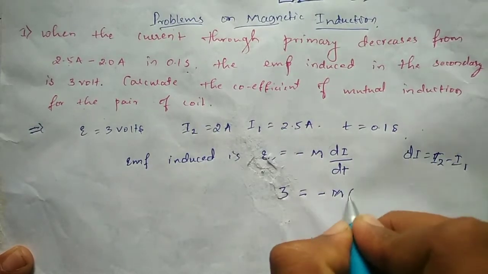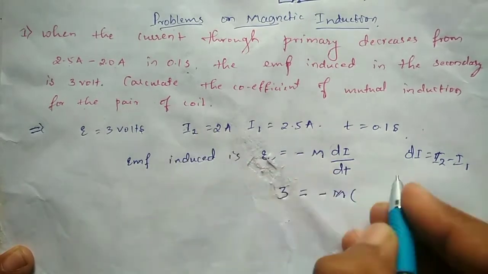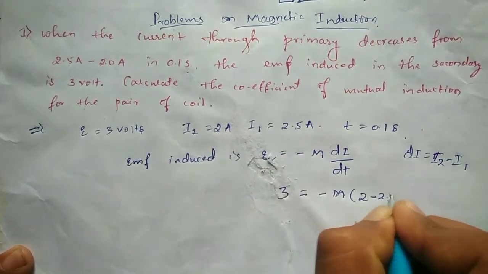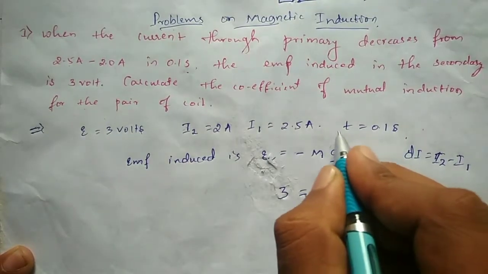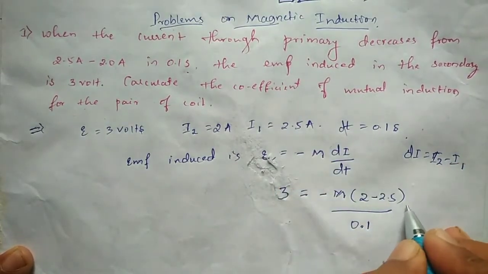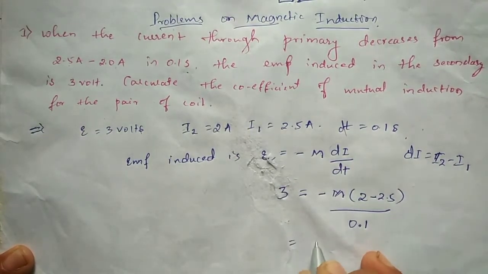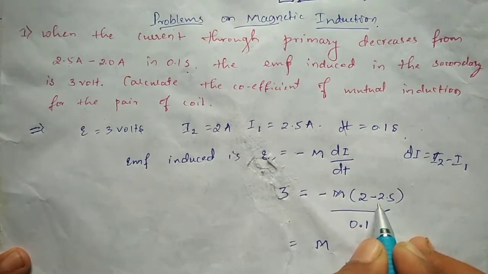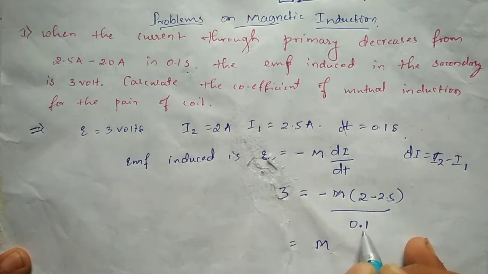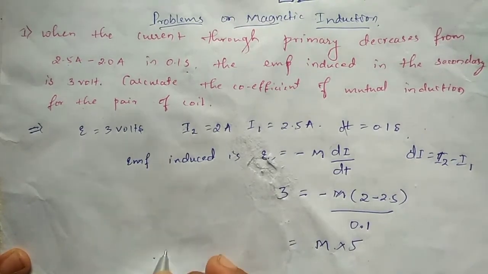So M into (2 minus 2.5) divided by 0.1, the change in time they gave. Here it is minus 0.5, and 0.5 divided by 0.1 is 5. So M into 5.